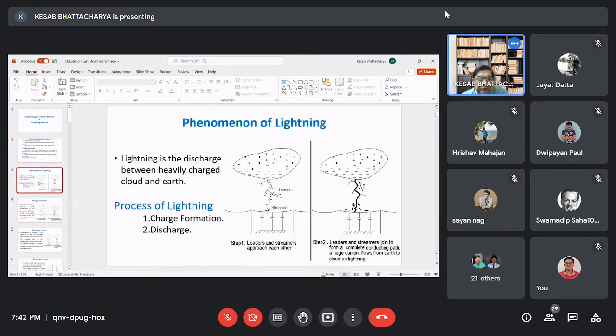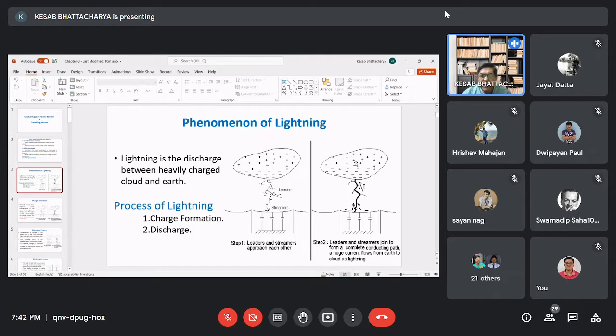Now, first of all, let us consider the phenomenon of lightning in brief. I tell you one thing: the exact mechanism behind lightning cannot be certainly explained, but there are different theories which are used to explain the phenomenon of lightning.